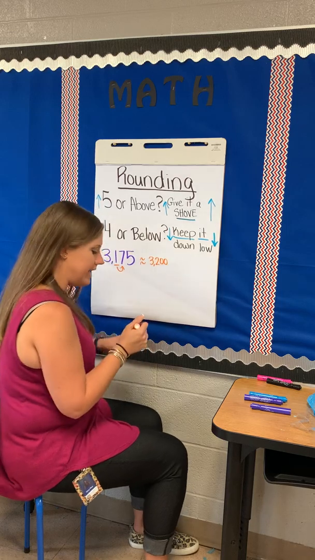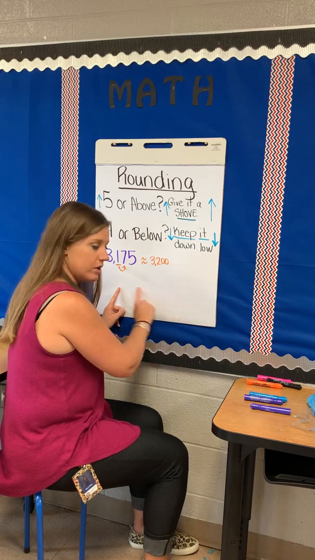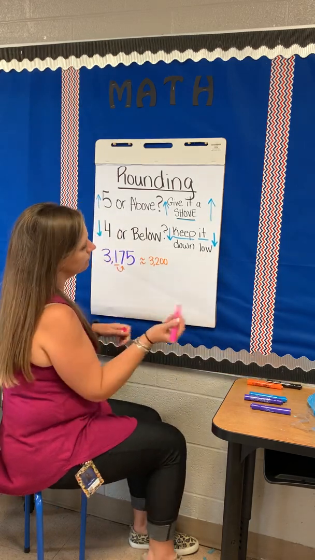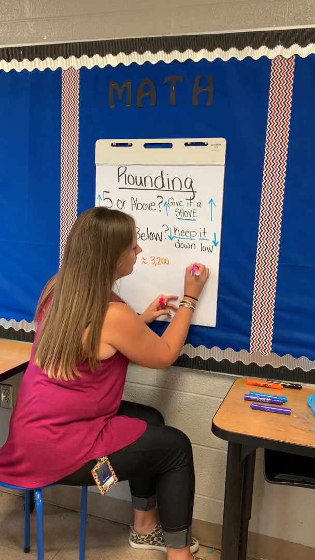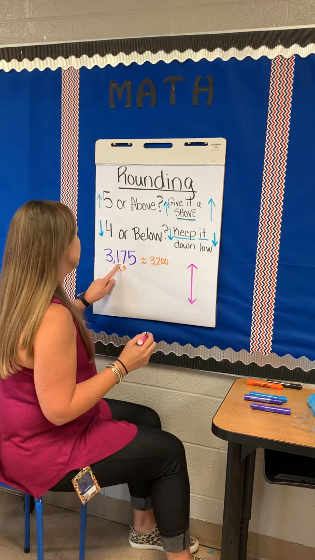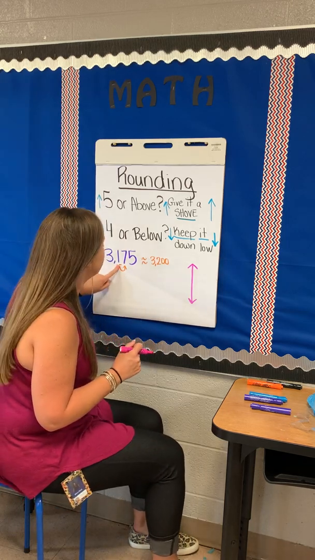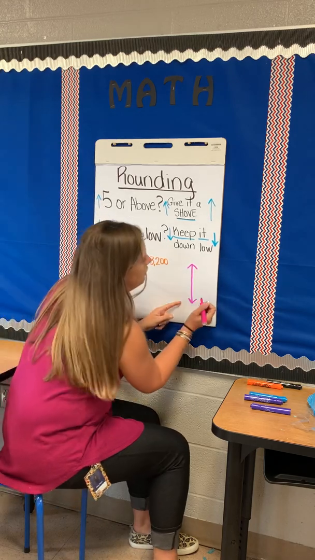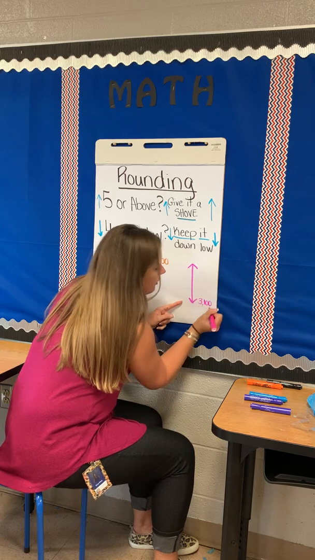3,200. Now, we learned on a number line that was going horizontally. Let me show you a number line that's going vertical. Maybe a little bit easier to work, okay? So if you're rounding to the nearest 100, the lowest possible number to round to would be 3,100.